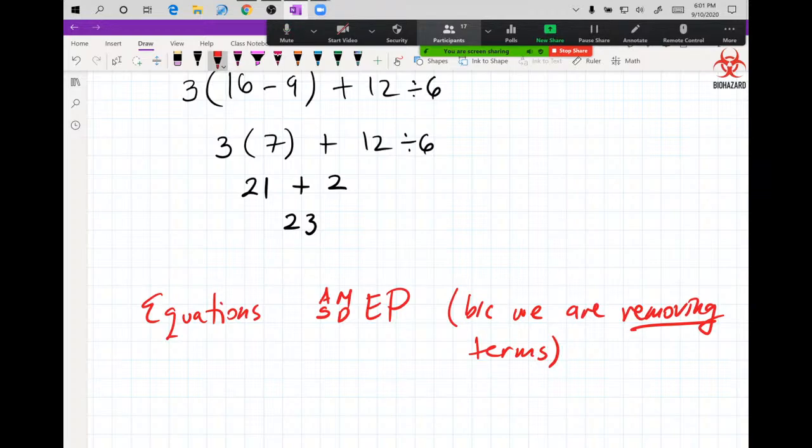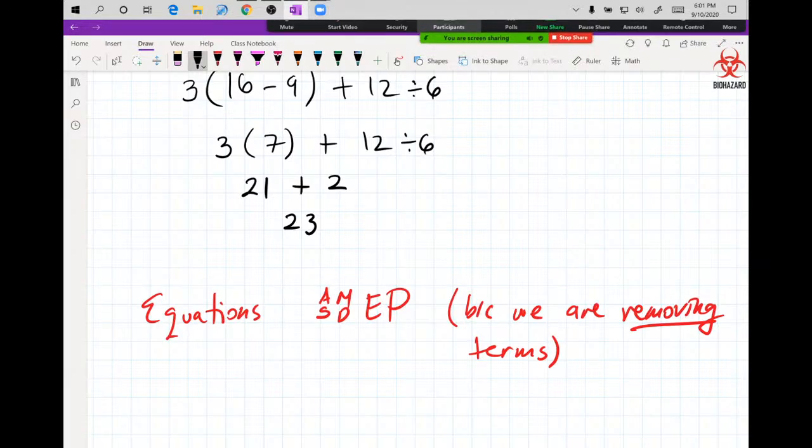So when you have an expression, you would use PEMDAS the regular way and compute the expression. If you're solving equations, you are technically going backwards because you are removing terms to get x alone. Therefore, it should be common sense, right, to use PEMDAS backwards in that case.